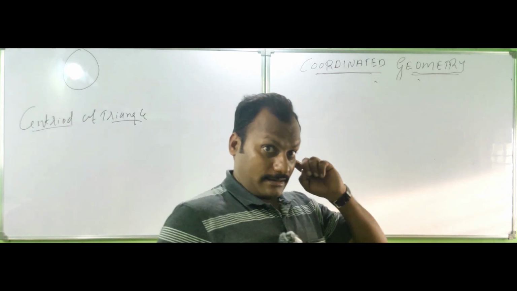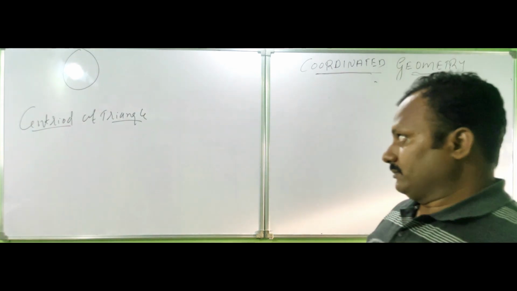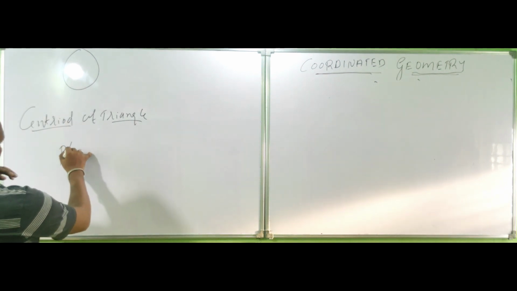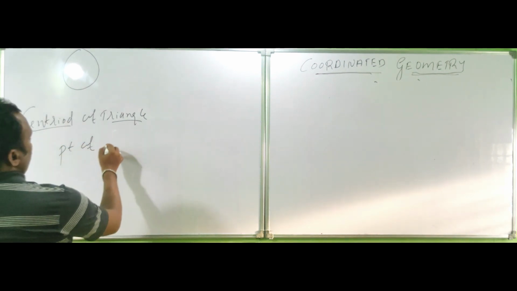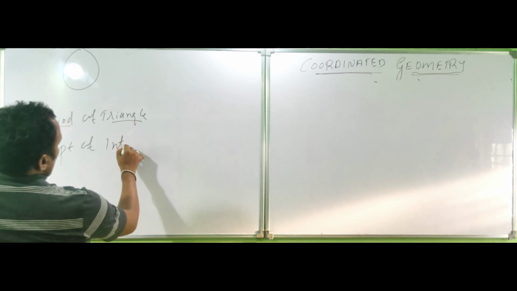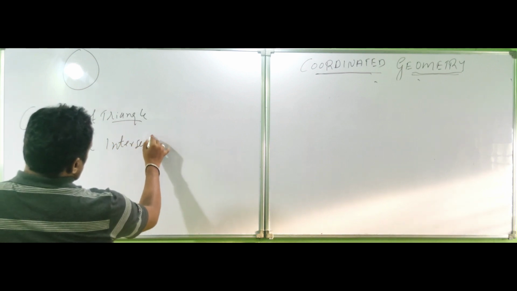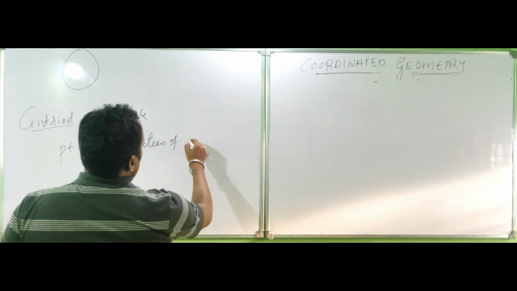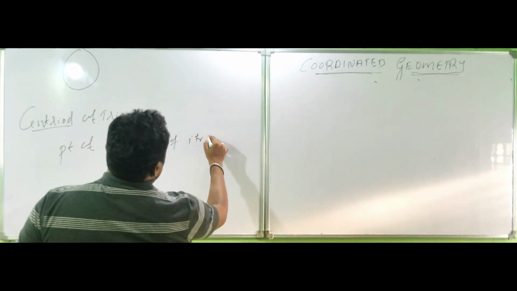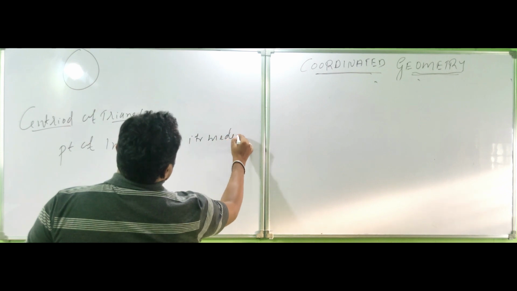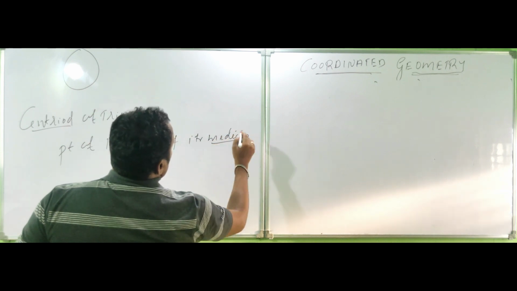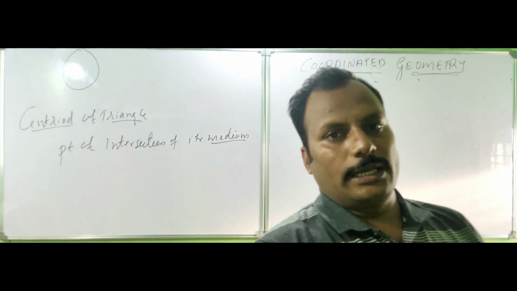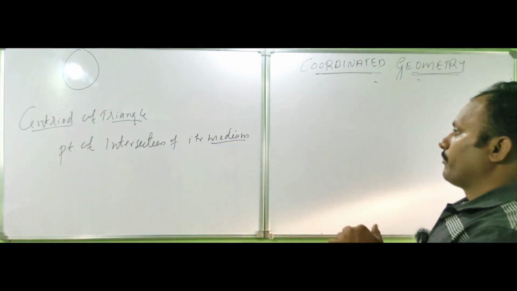Centroid of a triangle is the point of intersection of all its medians. So what is the median? The line segment drawn from the vertex to the midpoint of the opposite side.